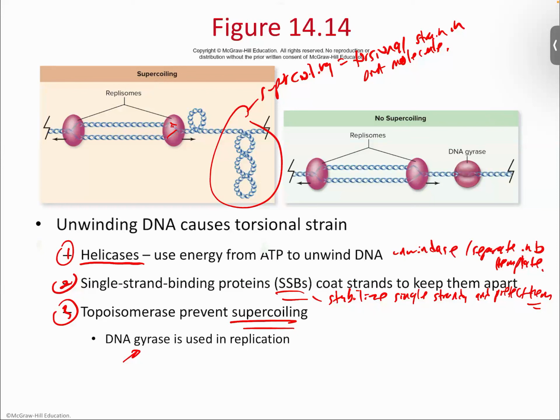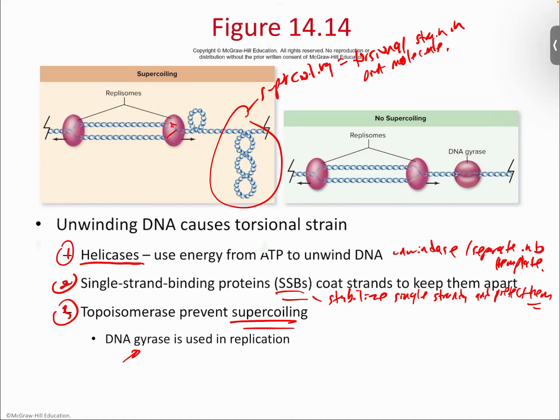Now, how do you relieve that strain? What's the easiest way to relieve it? Well, that's true, if you let it go. But what if you couldn't let it go? Yeah, just cut one of the loops, right? As soon as you cut a loop, what happens? All that torsional strain gets released. That's exactly what topoisomerase is doing.